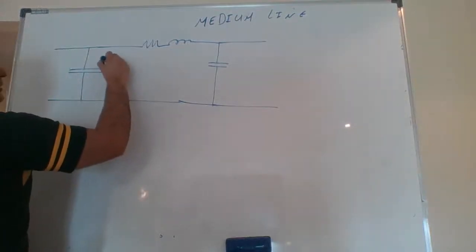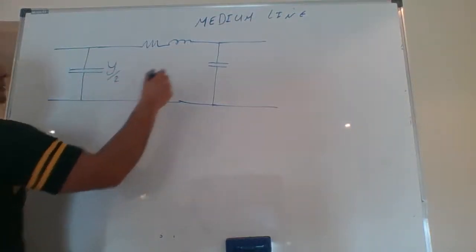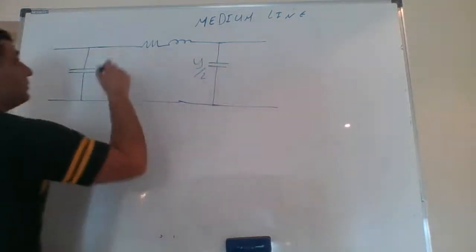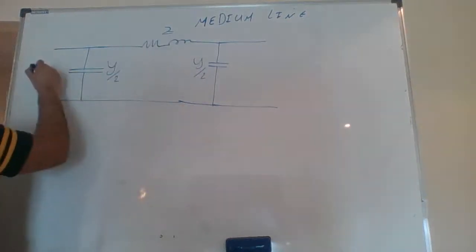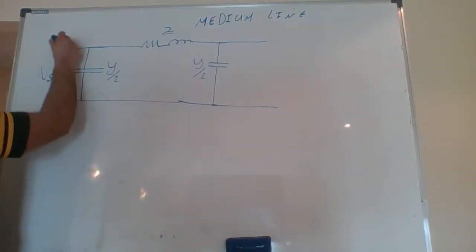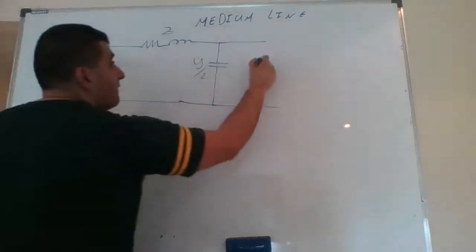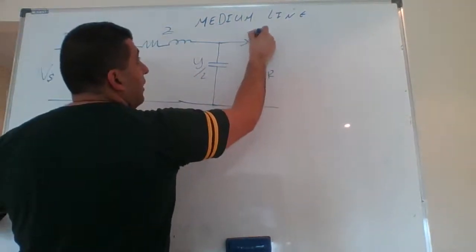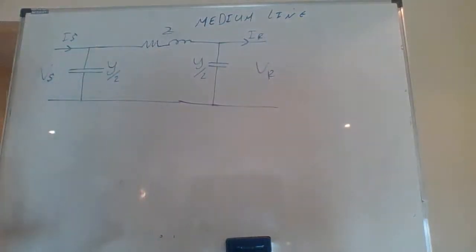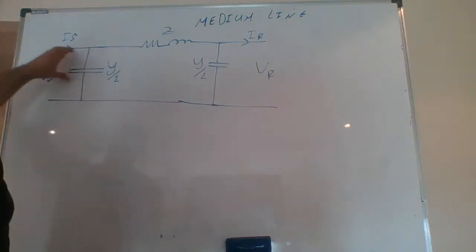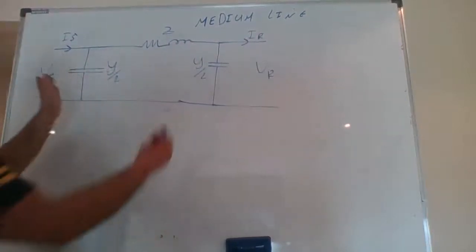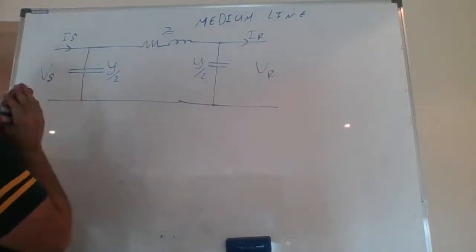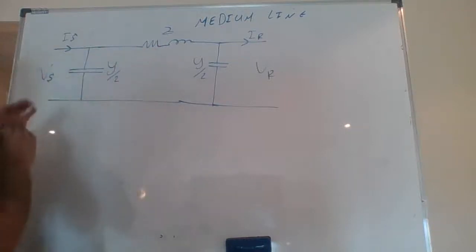This I call Y over 2, this Y over 2, this will be Z, R plus jX, this is Vs, Is, Vr, Ir. So into this section, what I did is I have the admittance, use that for the capacitors, because I can lump the system, I will divide them into two. And then I have the Z, Vs, Vr.